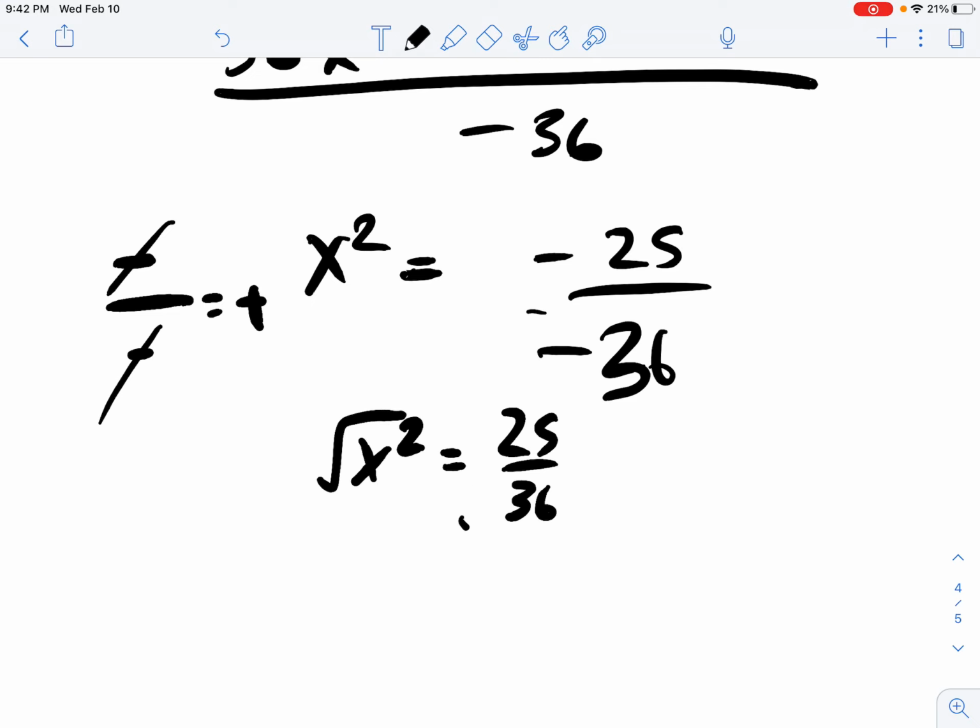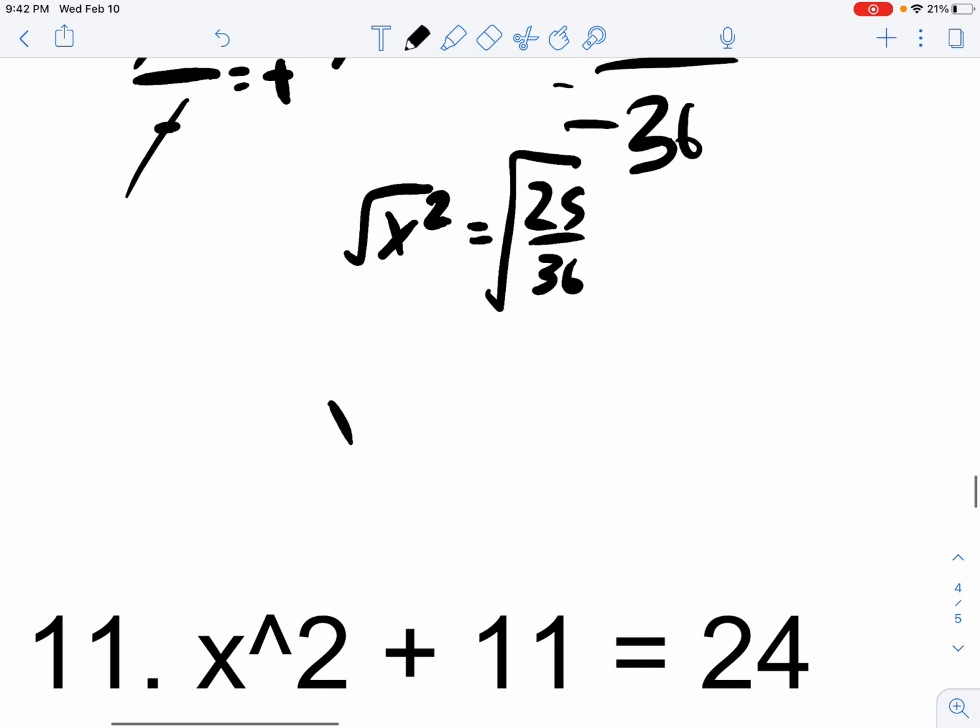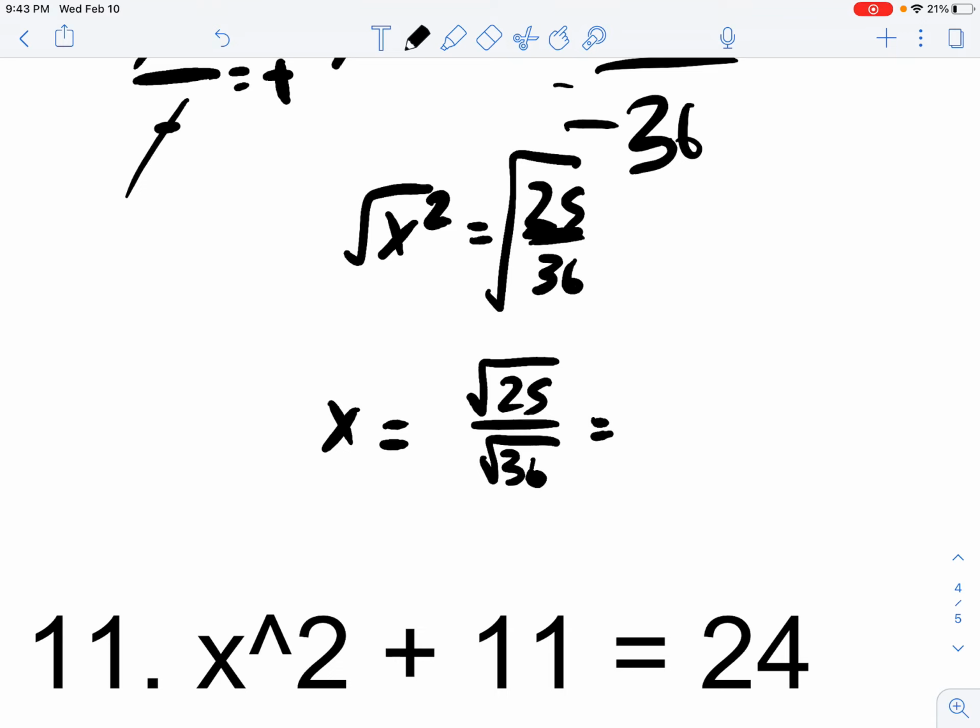Now, if we square root both sides, we get x is equal to, now, in here, we know that 25 is a complete square and 36 is also a complete square. So we can do this, square root of 25 over square root of 36, because we're basically square rooting both of the numbers. As a result, you would get 5 over 6.